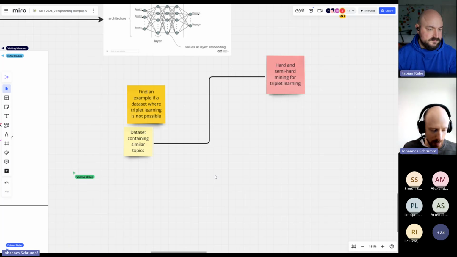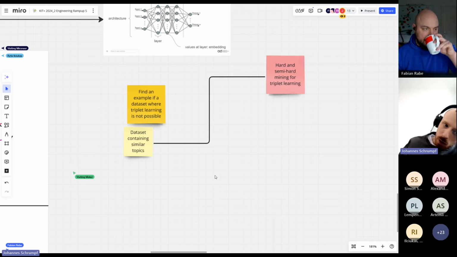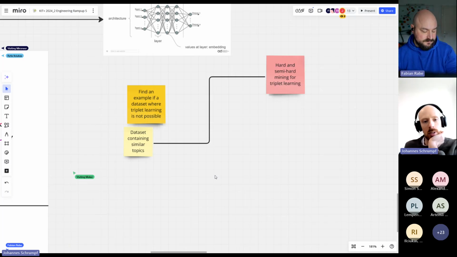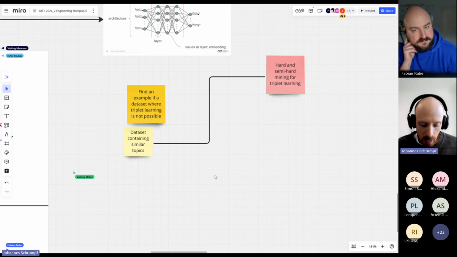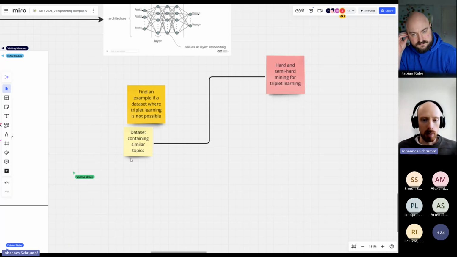The question of how you can get to a good data set is of course a universal one and not one that is only constrained to this triplet learning approach. But when you deal with this kind of strategy, I feel like there are many different approaches you could take.